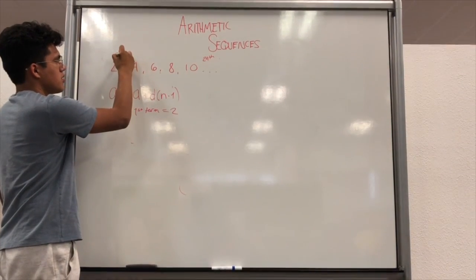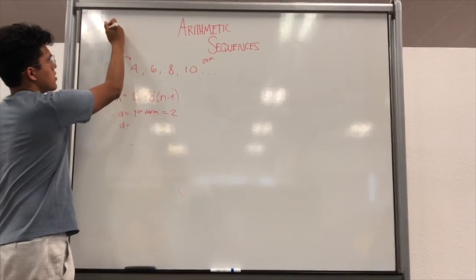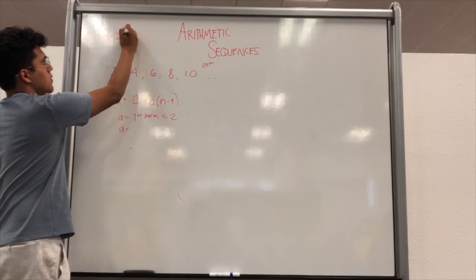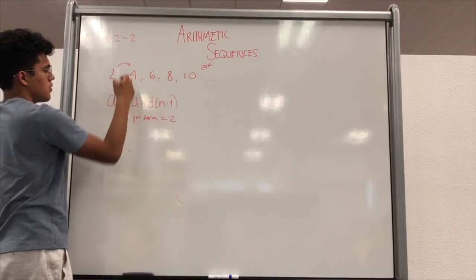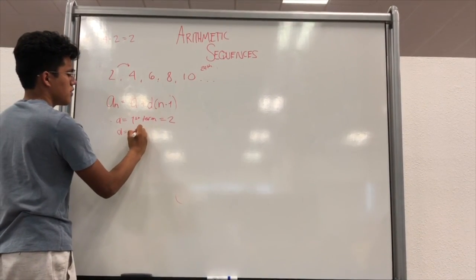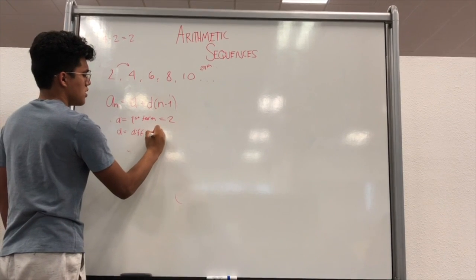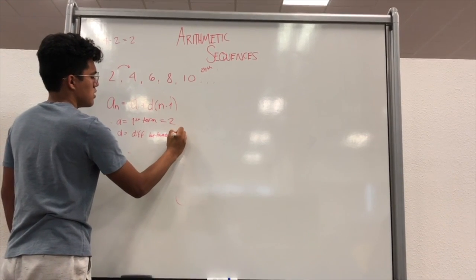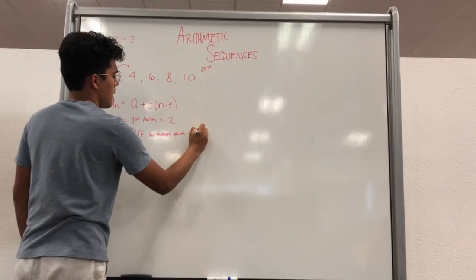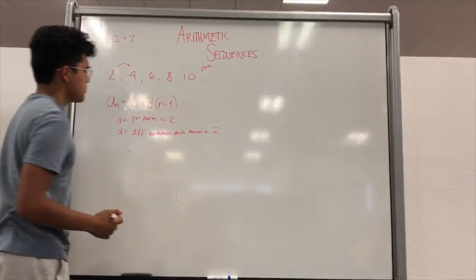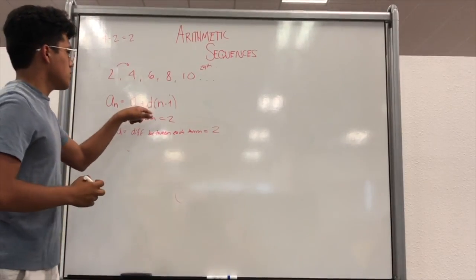For example, here you find it by doing 4 minus 2. That is equal to 2. So you put it here. The difference between each term is equal to 2. And then you solve.